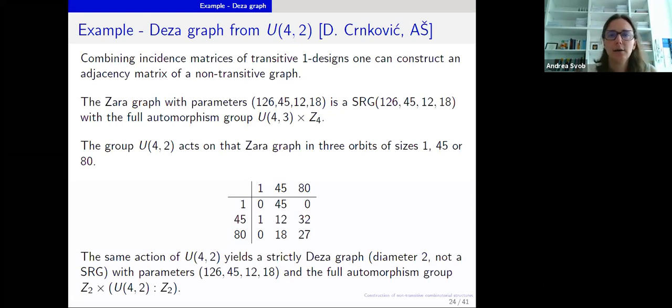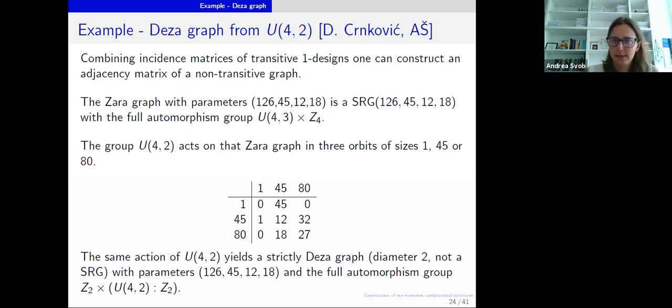The best way I can explain it is with one very nice example that I'm using here just to illustrate the method. Actually, by combining incidence matrices of transitive one designs, one can construct the adjacency matrix of a non-transitive graph.